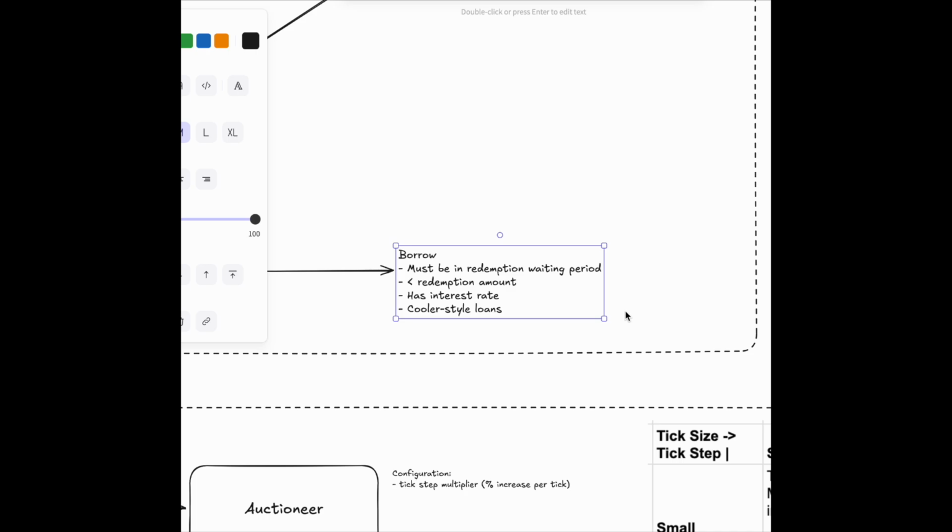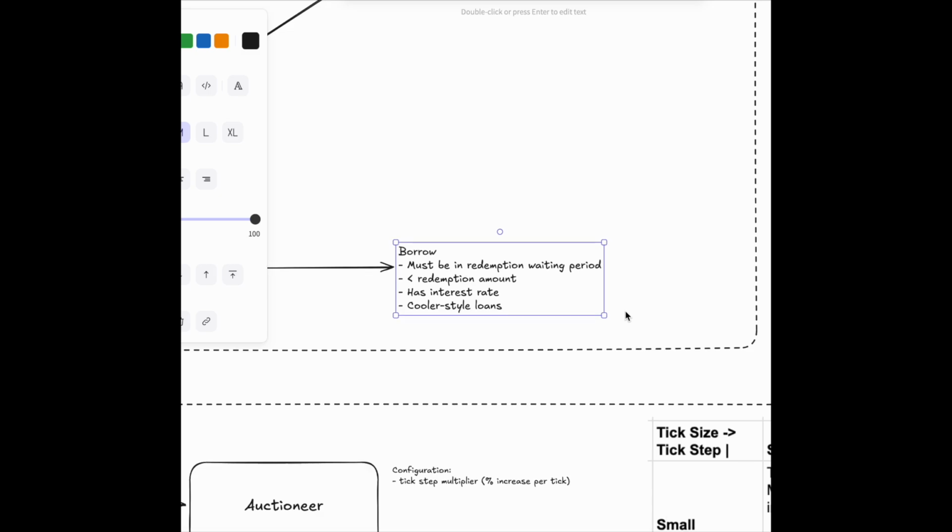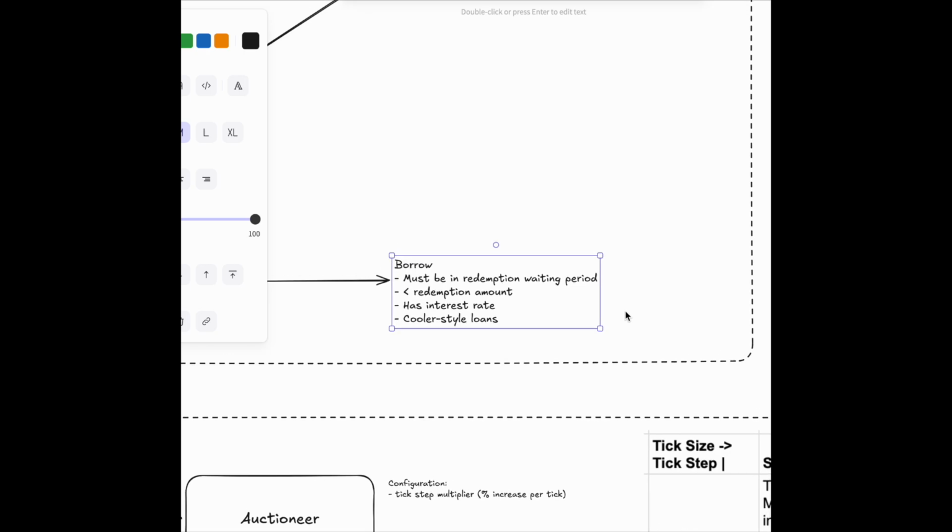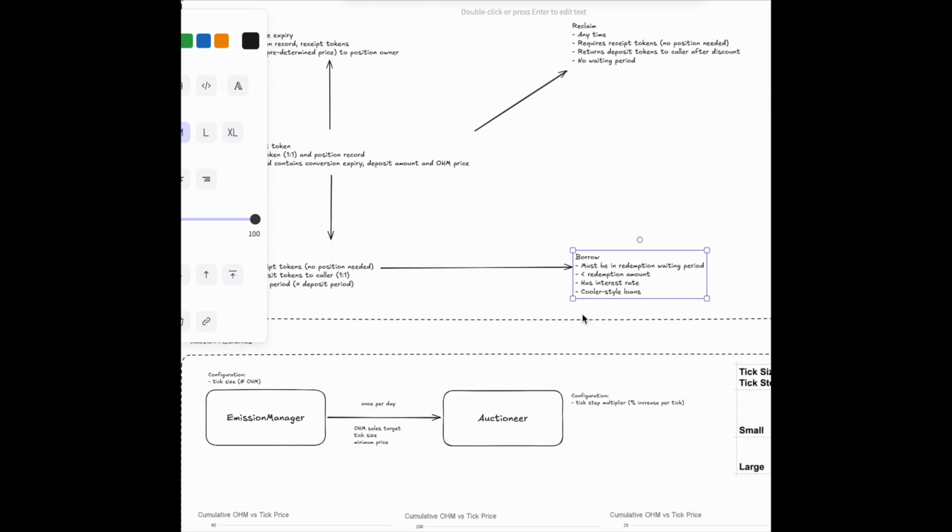So there is obviously the LTV, there's an interest rate, and it's a fixed term, and that's pegged to your deposit period. You can repay it at any time. You can extend it if you want. And once you've fully repaid the loan, including the interest, then you can finish the redemption and get your underlying deposit back. So this gives you an opportunity to generate yield on your stablecoin deposit during that redemption period.